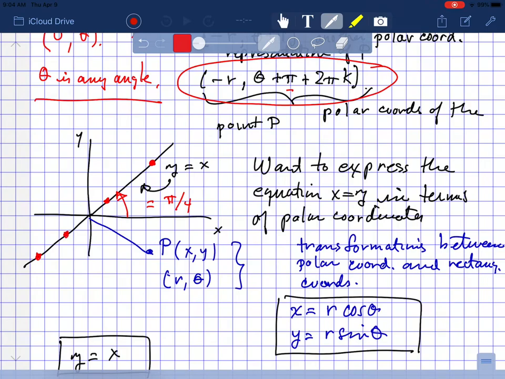Let's take this point down here, for instance. Let's call this distance from here to here 1.5. So this point here has the polar representation minus 1.5 comma pi over 4, right?